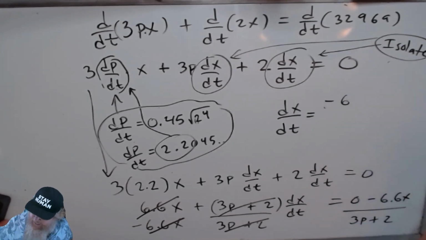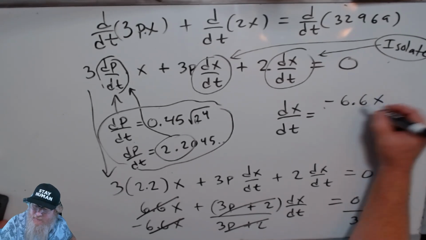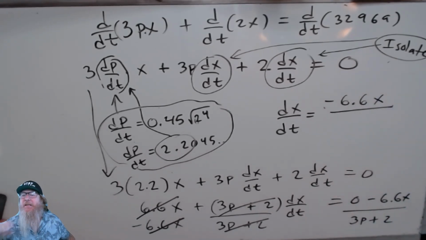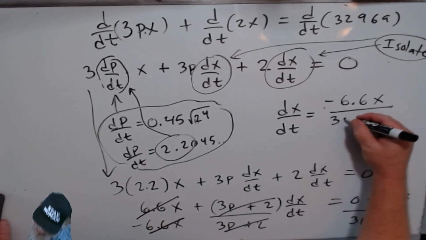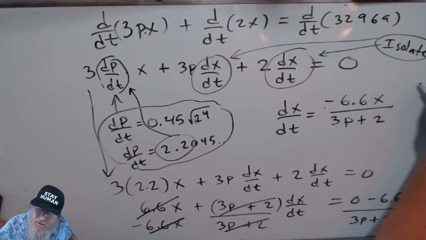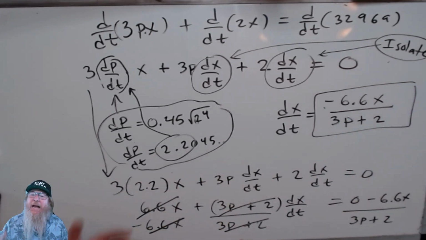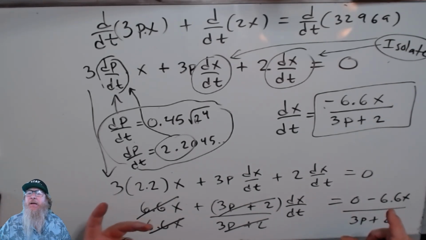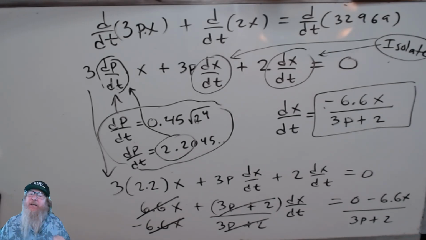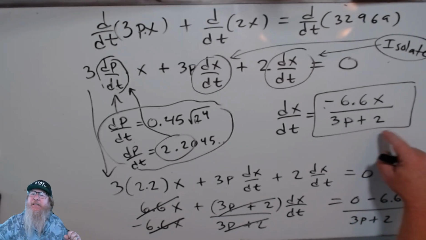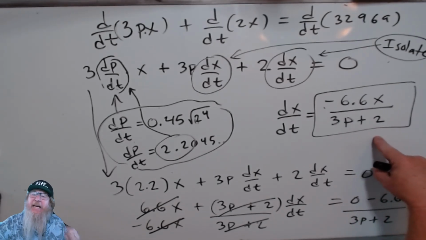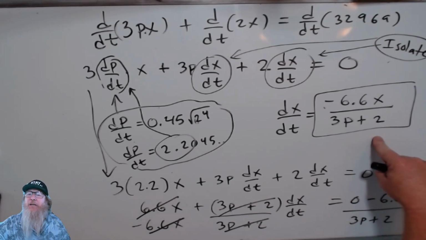The rate of change in demand is negative 6.6x over 3p plus 2. So all of that work was to discover the related rate and how the demand is related to time. And over time, in 24 months, that's 2 years, this will predict how demand is changing.